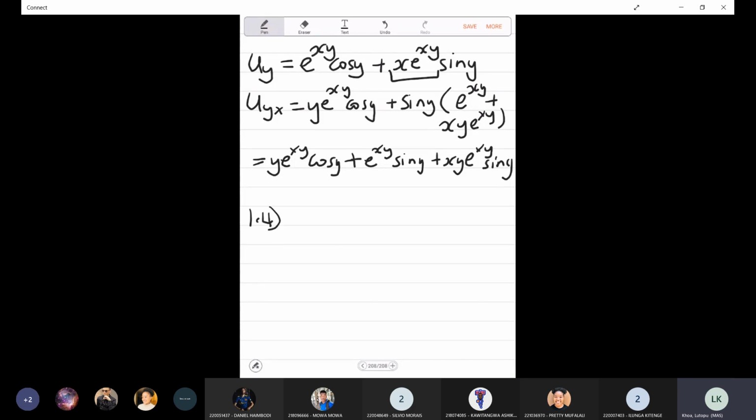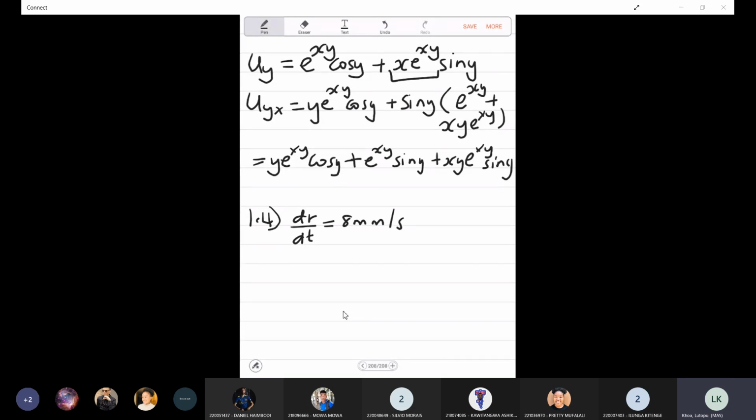And 1.4, that's the last question. The radius of a right circular cylinder is increasing at a rate of 8 millimeters per second. So we have dr/dt, which is positive because it is increasing.